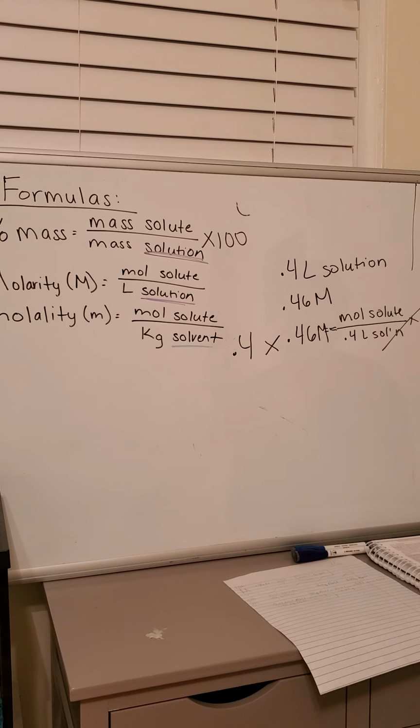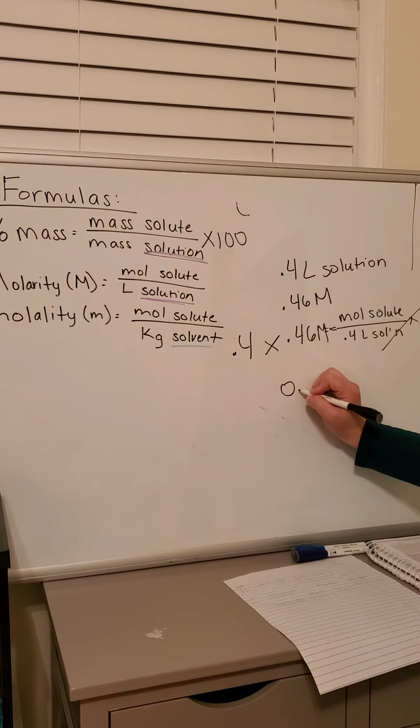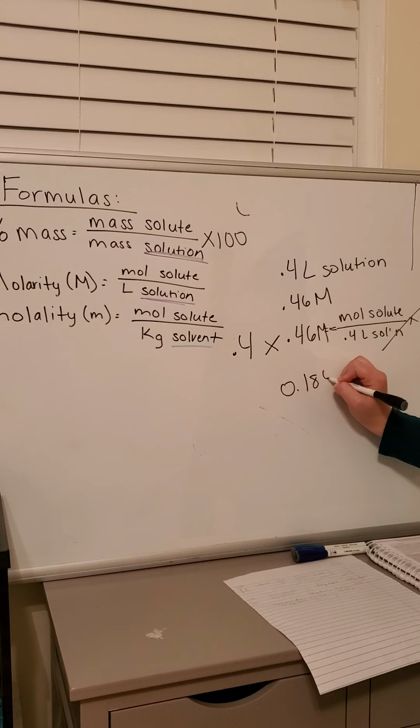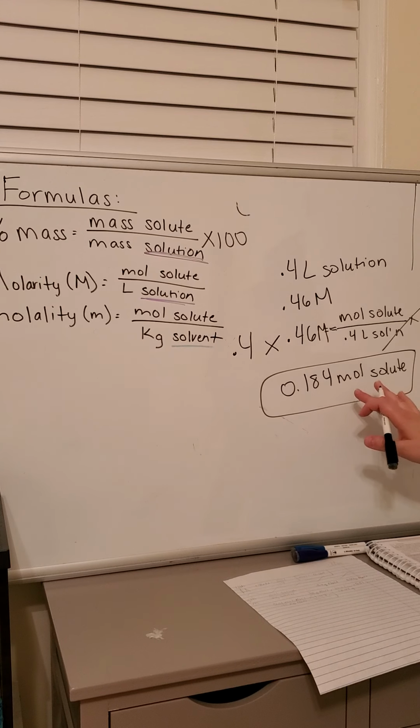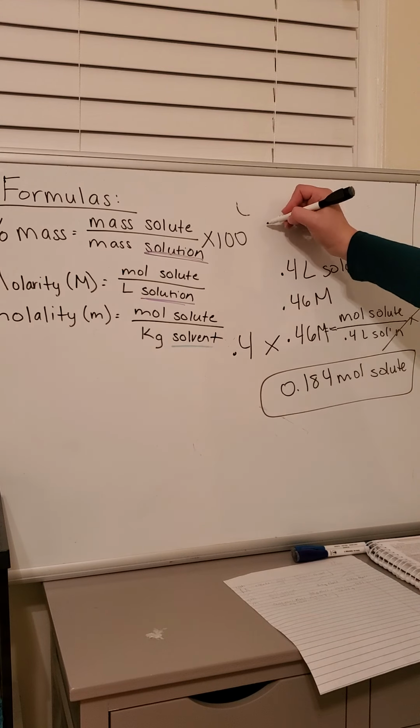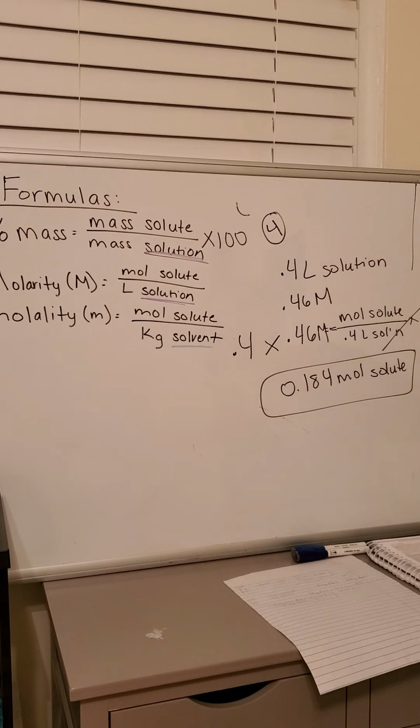So 0.4 multiplied by 0.46 is going to give you the moles of our solute. That's what the question asked for, so we're done. This one we don't have to do the stoichiometry conversion to mass, which I'm sure you guys are thrilled about. So this one was number 4.